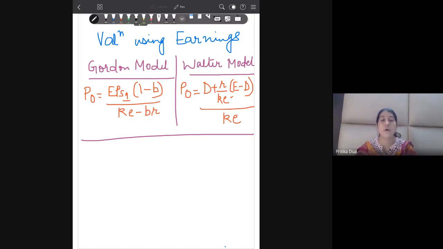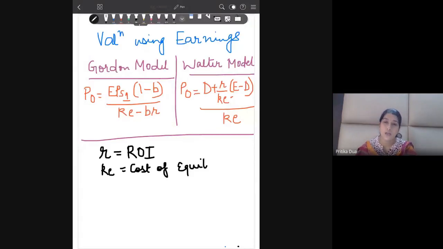Okay, I will write down the cases. R stands for the return which the company is earning on the reinvestment made, which you also call ROI, the common term we use: whatever investment the company is making, how much return it is getting on that. So this is return on investment. KE was the cost of equity or the cost of capital, assuming that you have an all equity firm, 100% equity firm.